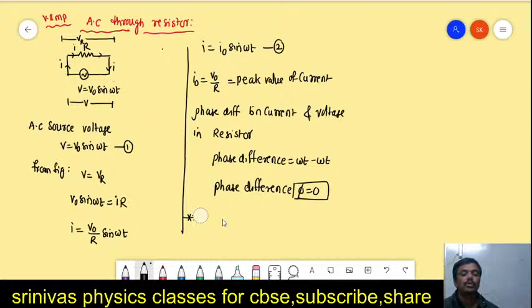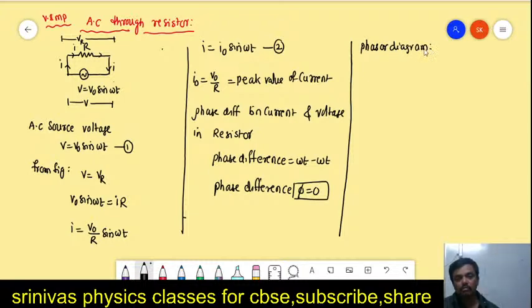Before that, I am going to explain one thing. The next topic is the phasor diagram. Very important. In the exam there is a chance to ask based on this. Listen very carefully. What is a phasor diagram? It is the diagrammatical representation of the current and voltage as rotating vectors.